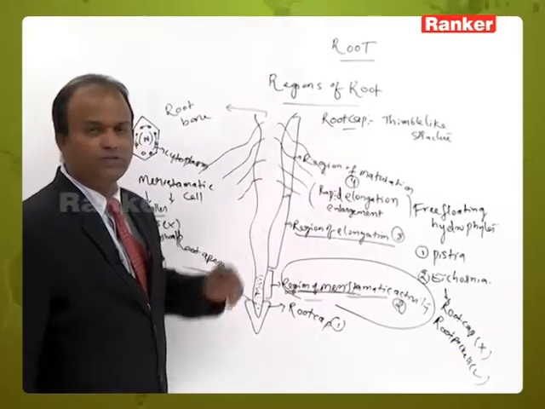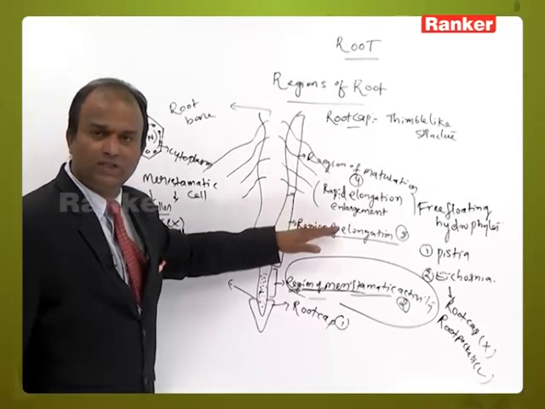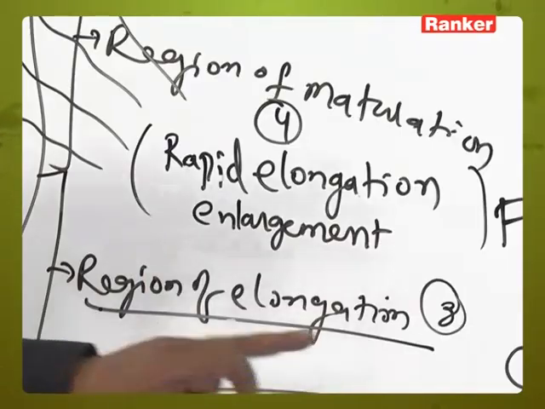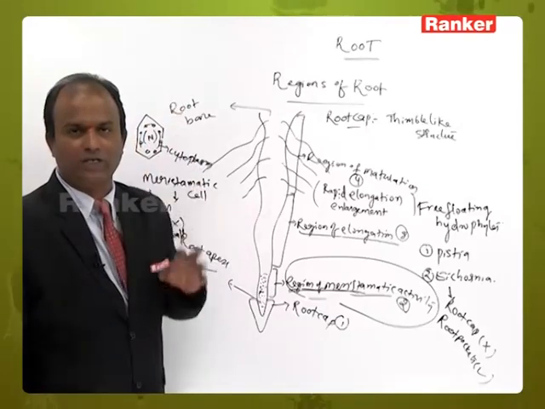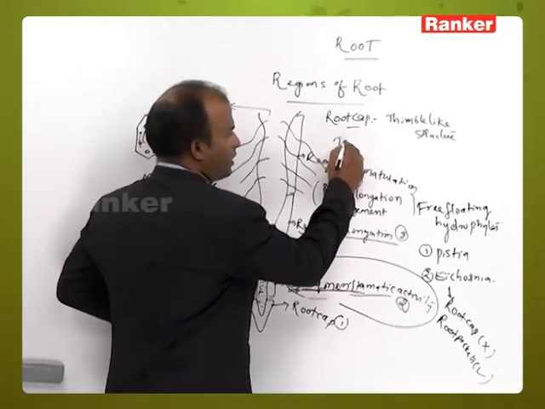In the region of maturation, the cells present in the region of elongation undergo maturation and differentiation, due to which tissues are forming here.